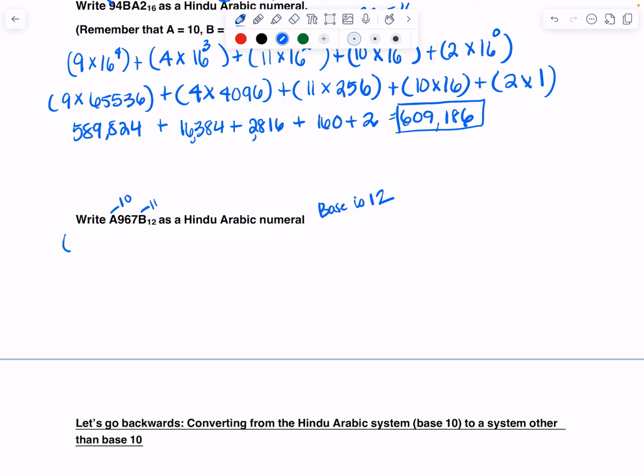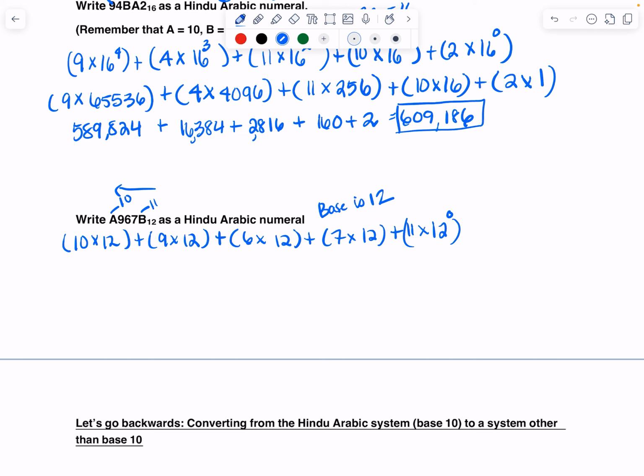So again, I'm going to break this up. 10 times 12 to the power plus 9 times 12 to the power plus 6 times 12 to the power plus 7 times 12 to the power plus 11 times 12 to the power. Okay, again, I'm working backwards.